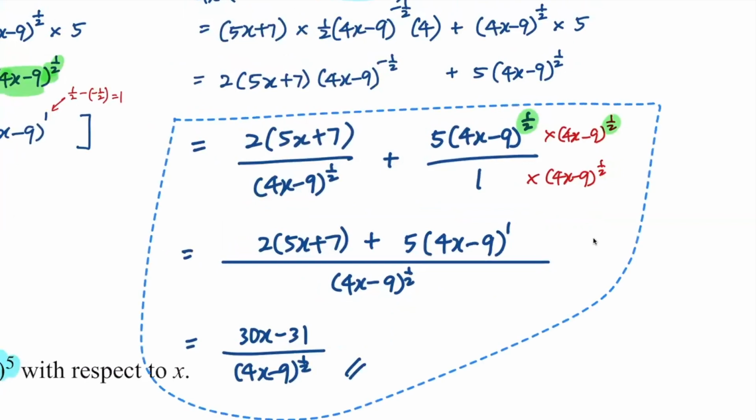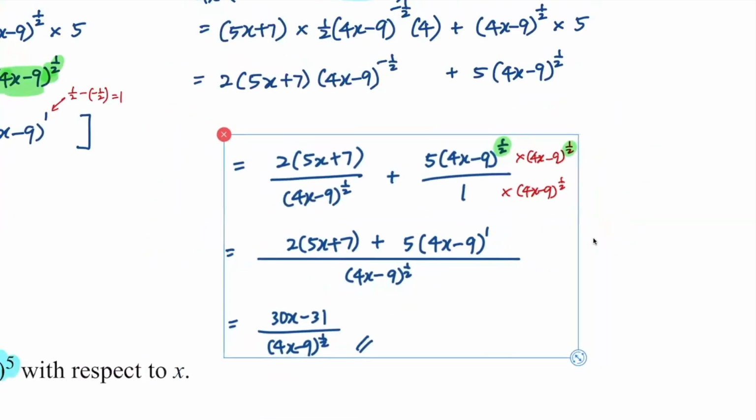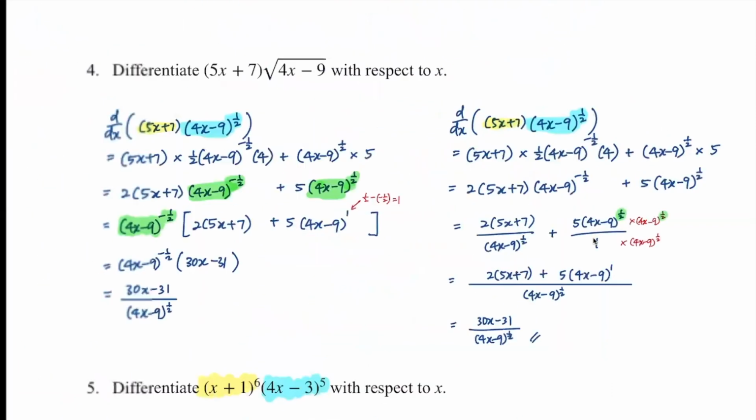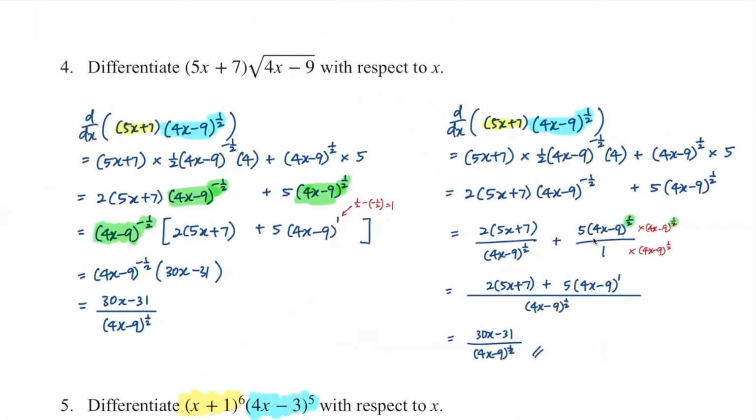So you realize that the steps are almost very similar, except that generally there are two ways. One is to factorize. This one here is factorize. This one here is combine fractions. Now generally speaking, this is the hardest the product rule can go.